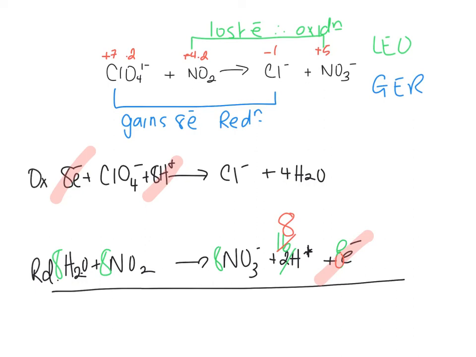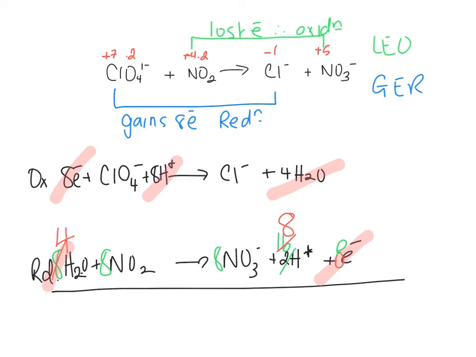Then waters, we have 4 waters on the right and 8 on the left. So what we will do is we will cancel these 4 and it'll take away 4 of those, leaving 4.